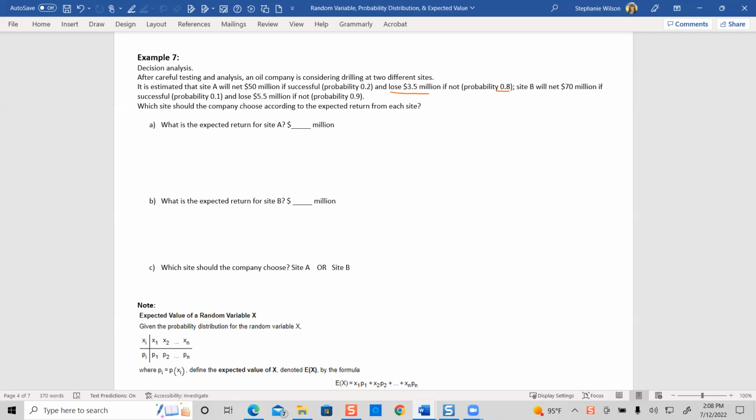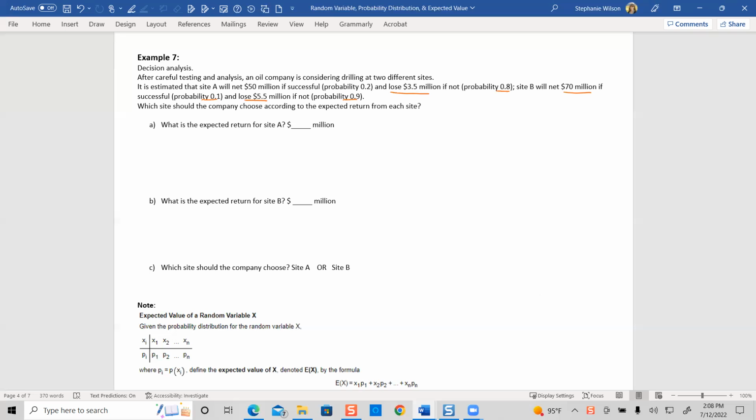Site B will have a net of 70 million if successful, with probability 0.1, and a loss of 5.5 million if not successful, with probability 0.9. Which site should the company choose according to the expected return?